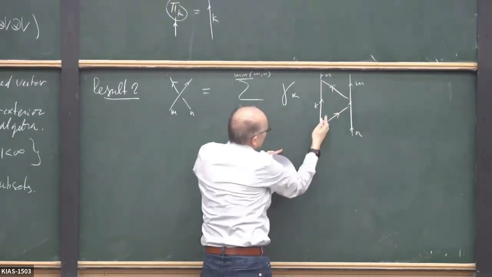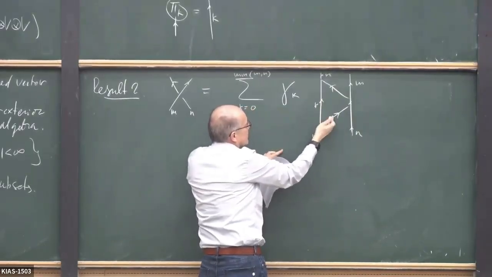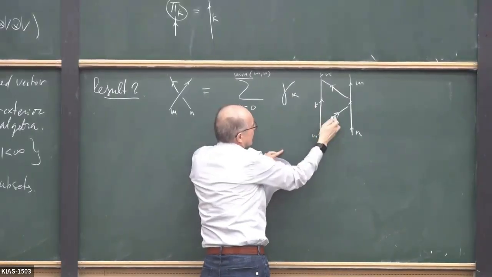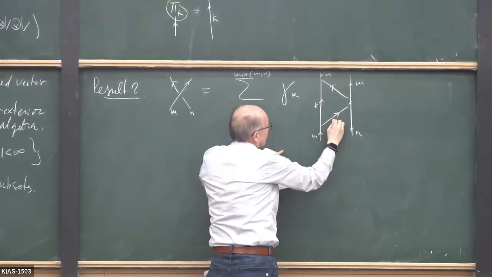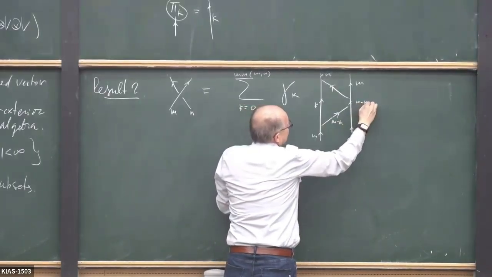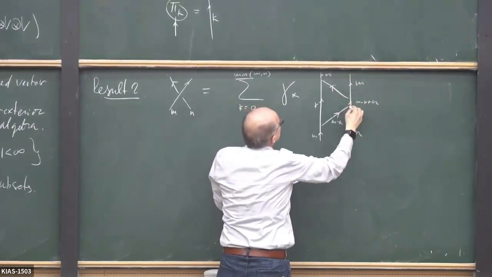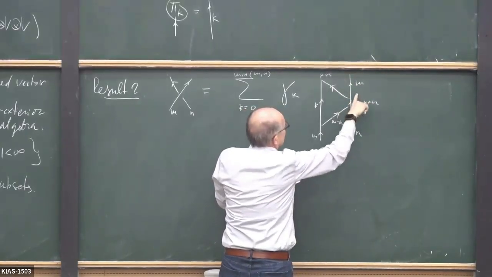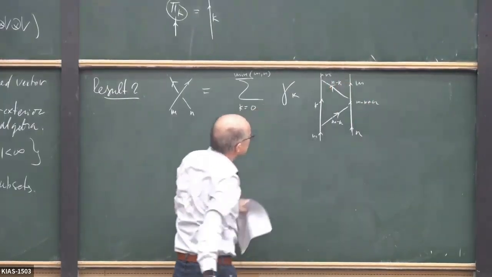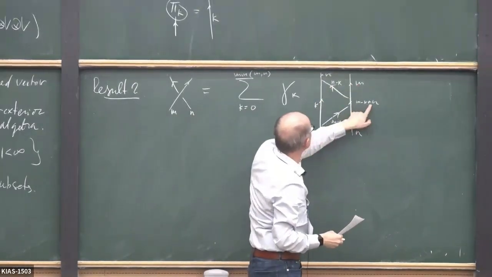And of course you have some rules. So this m should be the sum of this k and the degree here, which is m minus k, m minus k plus n, and here n minus k, I guess. So the sum of the two should be this.